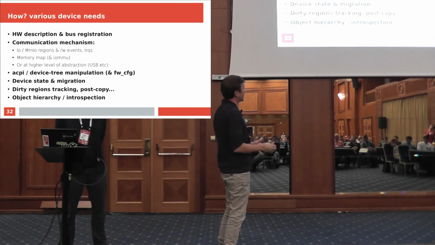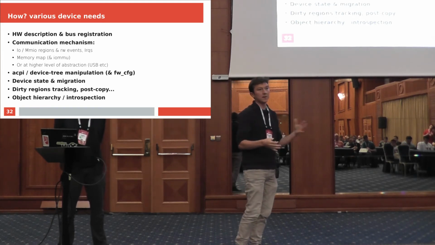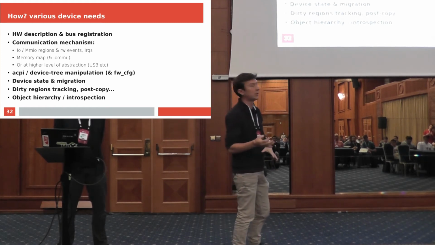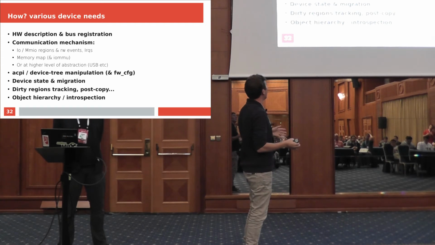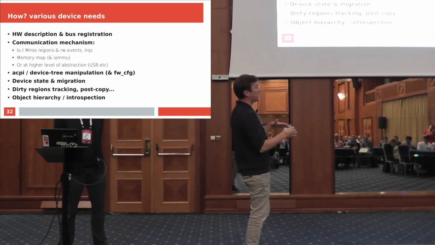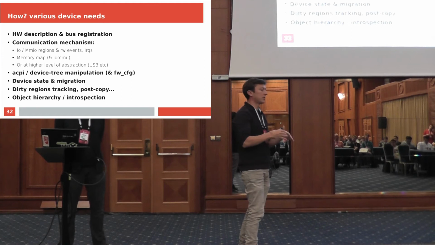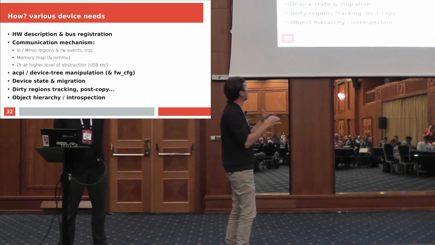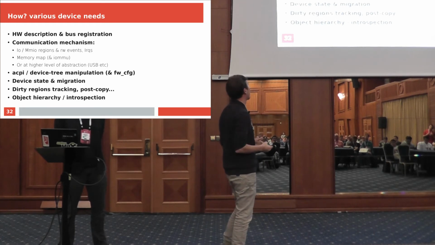At the same time, your device sometimes needs access to the memory of the system, but maybe not all the memory, so we've got IOMMU support for that. This is pretty low level in general, but if you go a bit higher, like with USB, it's a different, higher level of abstraction.